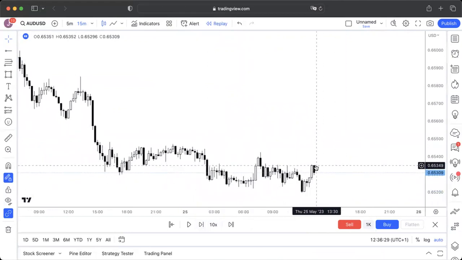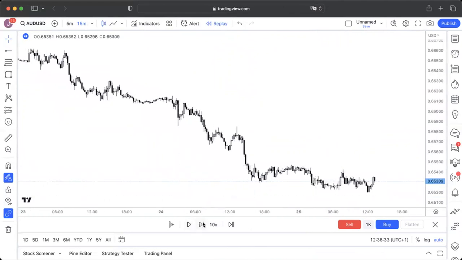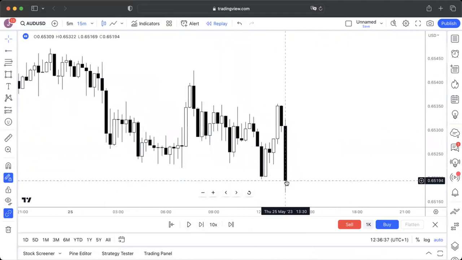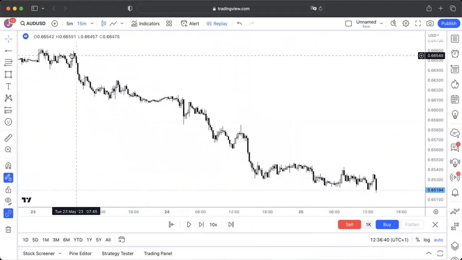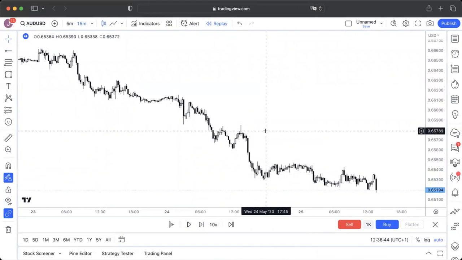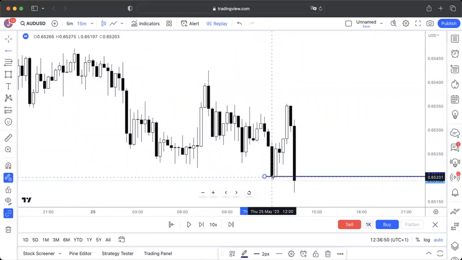We've now had one break up, but I know that there's an overall downtrend. So let's see what happens with the next structural break. It instead breaks down again. I've got an overall downtrend, meaning I only need one break of structure down for me to have a setup. We've now got that, so I can draw my level on again, because this was the most recent structure that was broken by this breakdown.